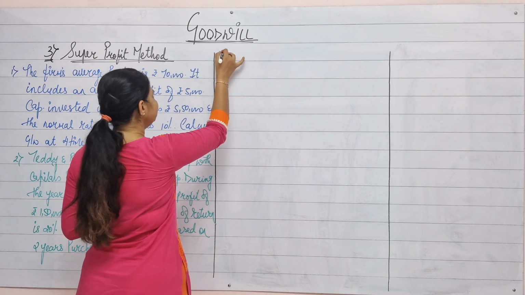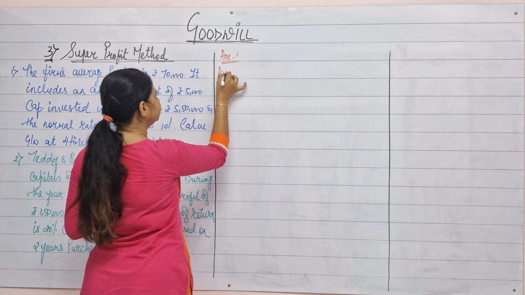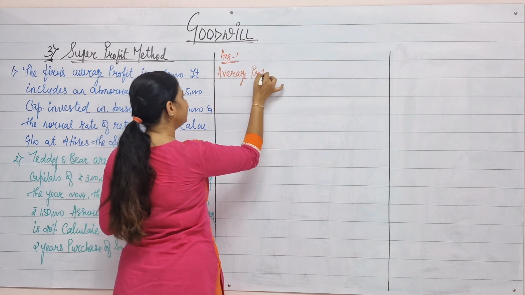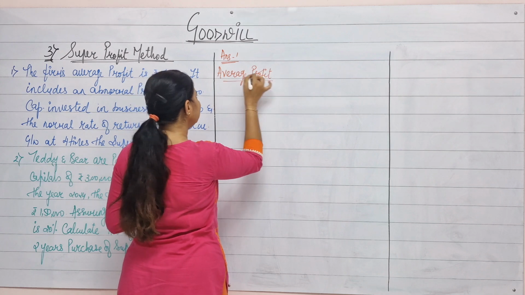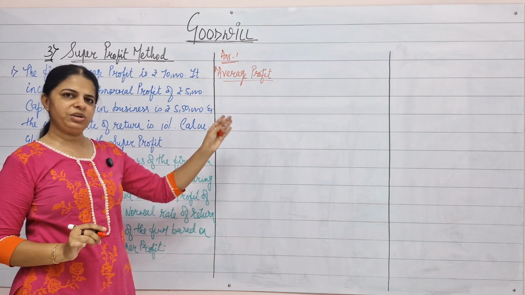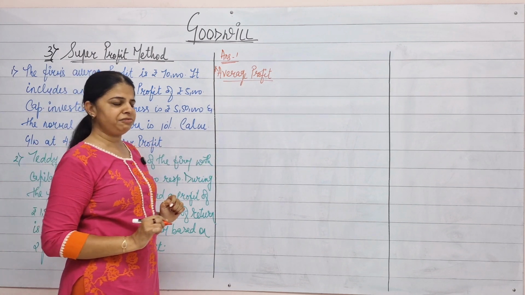You will start with the average profit of the firm. If the average profit had not been given directly like this, we know how to arrive at average profit. So using that we would have arrived at average profit first and then proceeded further.